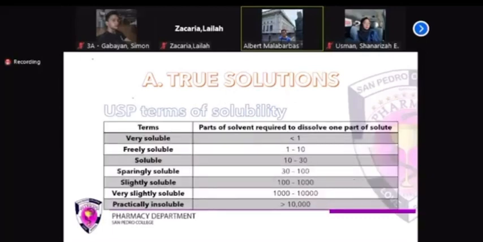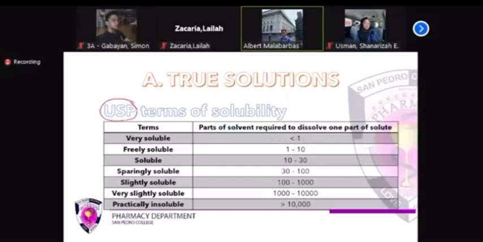Now, next, this is important. How would you describe the solubility of a solute in a solvent? In USP, we describe the following terms to your solute depending on how much solvent it will dissolve in. Very soluble if one part of solute will dissolve in less than one part of the solvent.